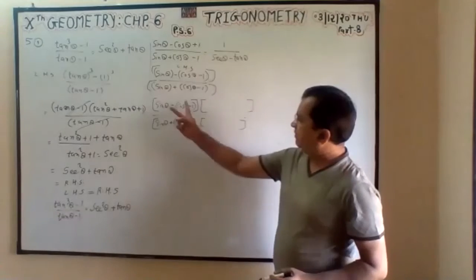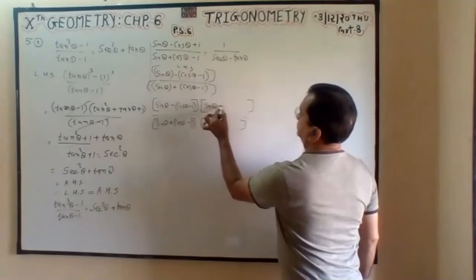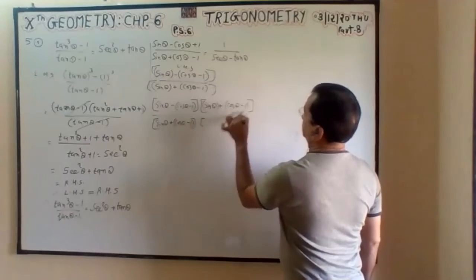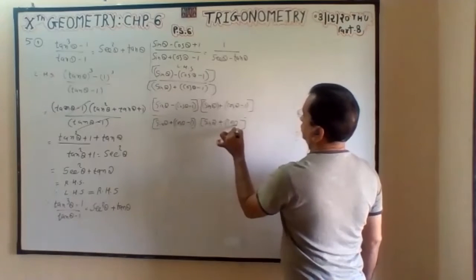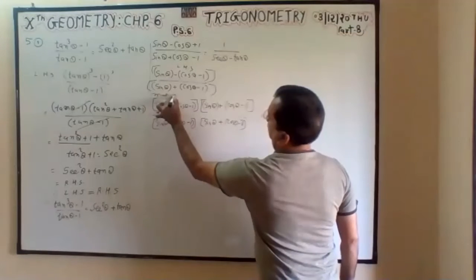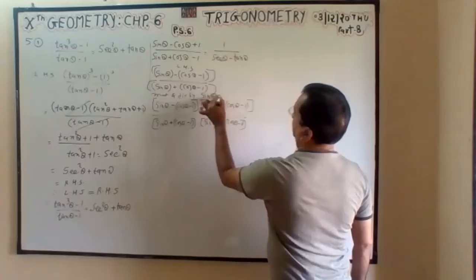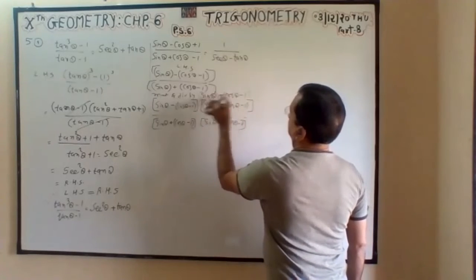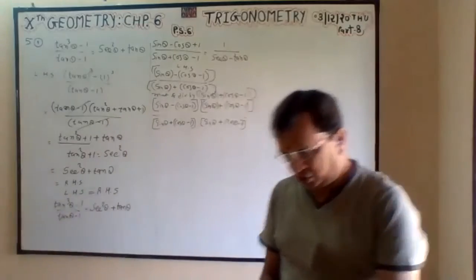Now I will write the conjugate pair of this: sin theta plus cos theta minus 1. What I have done: multiply and divide by sin theta plus cos theta minus 1, the conjugate pair of the numerator.